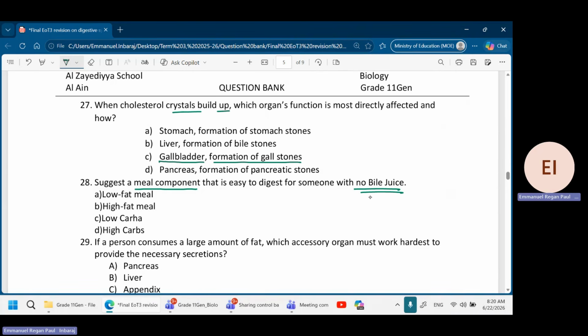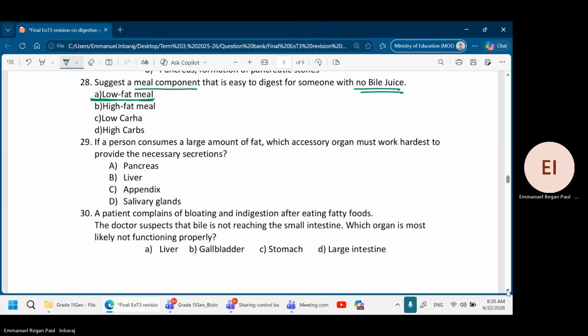Let's say a person is not releasing bile juice. They should not take a meal rich in fat. You should give them a low fat meal, because fat cannot be digested.